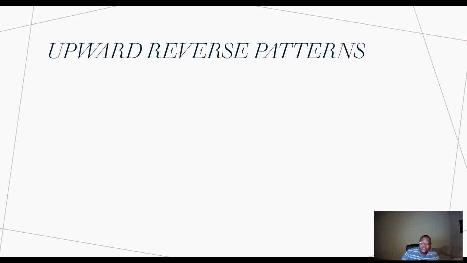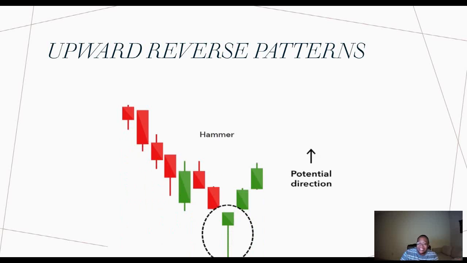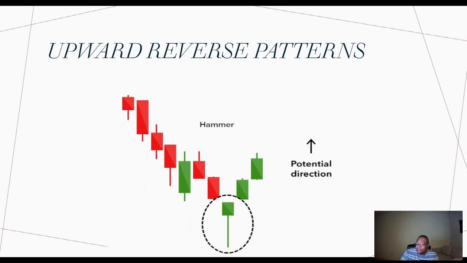All right, so first we're going to look at 3 common upward reversal patterns that I see. The very first one is called a hammer. Now keep in mind, these first 3 patterns are for stocks that are on their way down. As you can see here, it's on a bearish downward trend, and then all of a sudden you get this indicator right here.